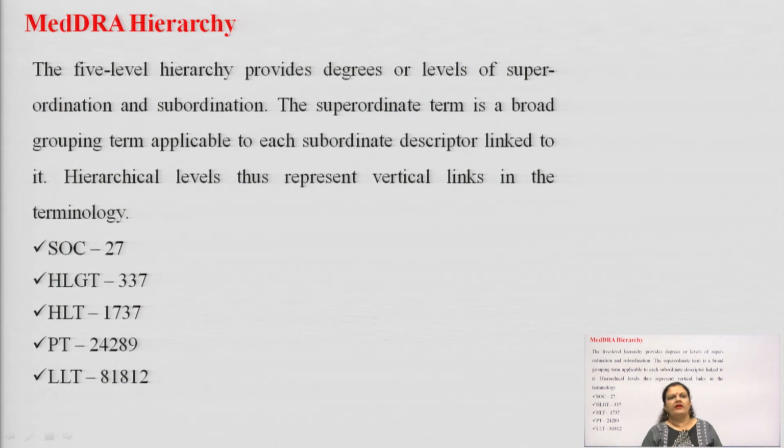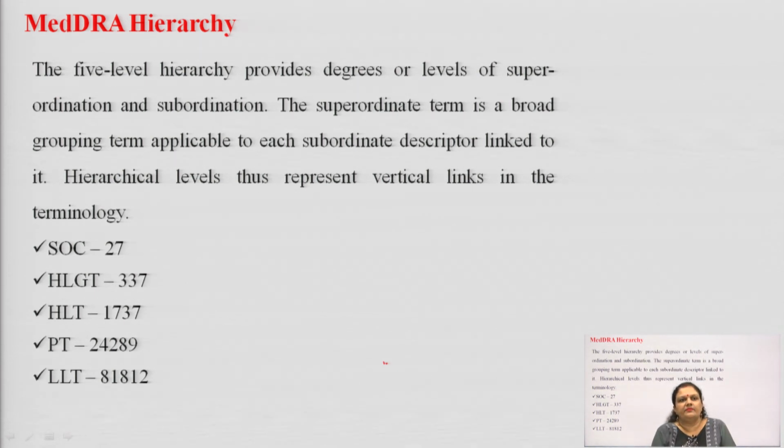Next, coming to the MedDRA hierarchy. Its hierarchy is classified into 5 levels, which are the superordinate and subordinate levels. The superordinate term is a broad grouping term, and it is applicable to each subordinate descriptor which links to it.